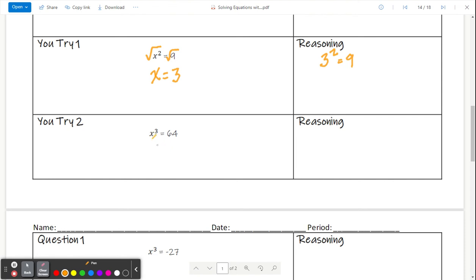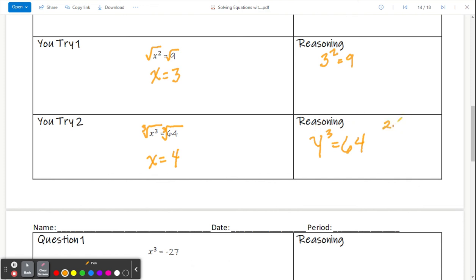What about You Try 2? Good, you recognized that this is cubed, so I need to take the cube root of 64. The cube root of 64 is 4, so x equals 4. I know that 4 cubed is equal to 64. Now, if I didn't know that in my head, I could absolutely use some thinking space over here.